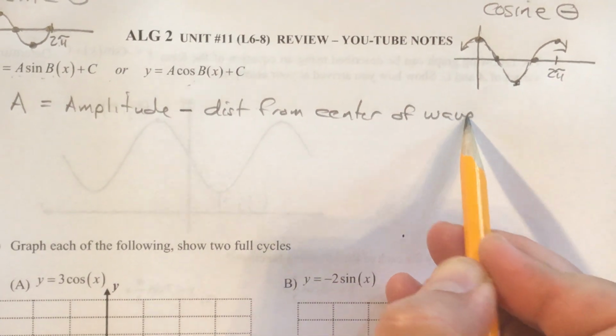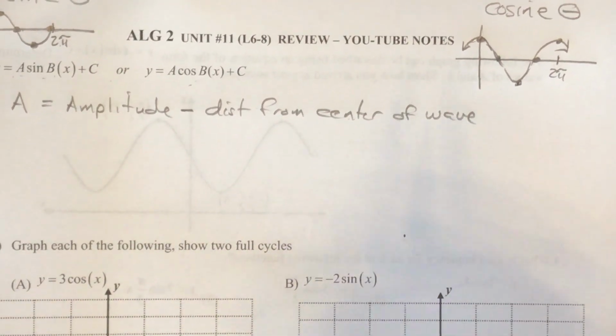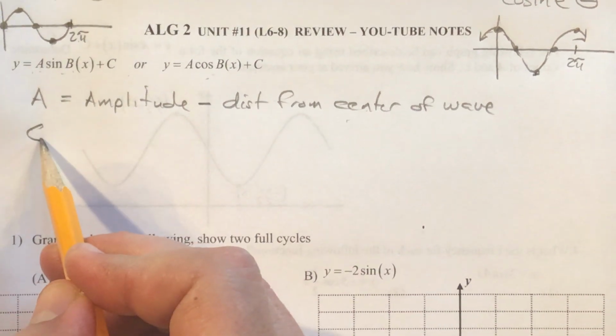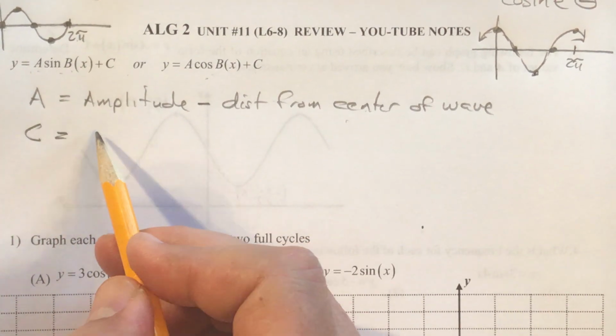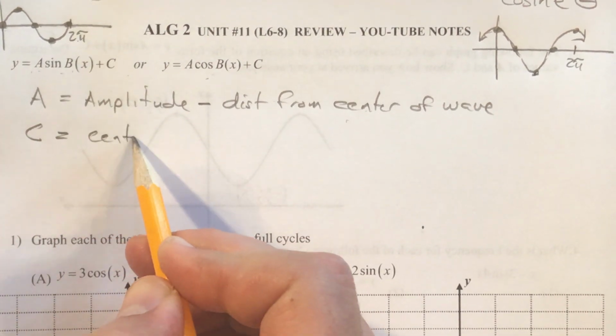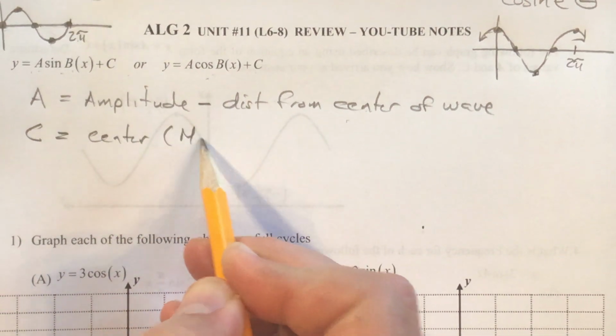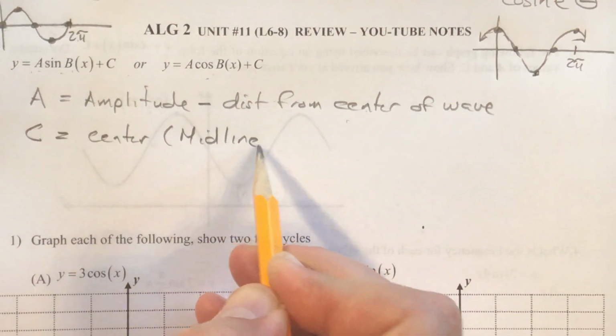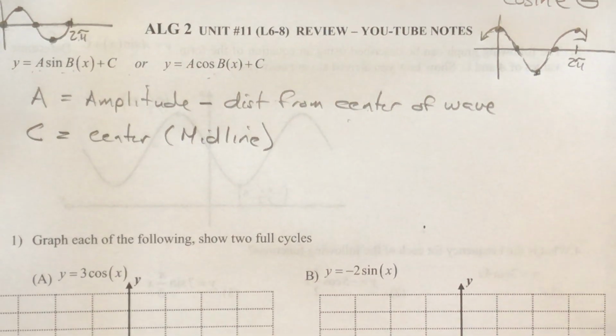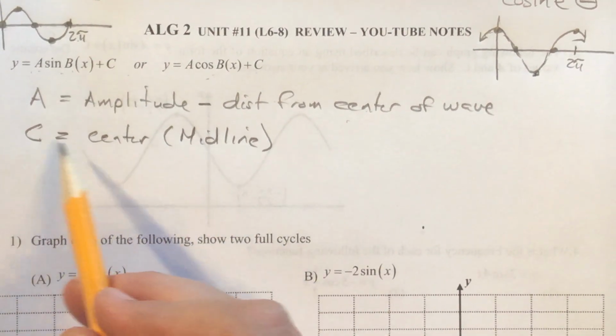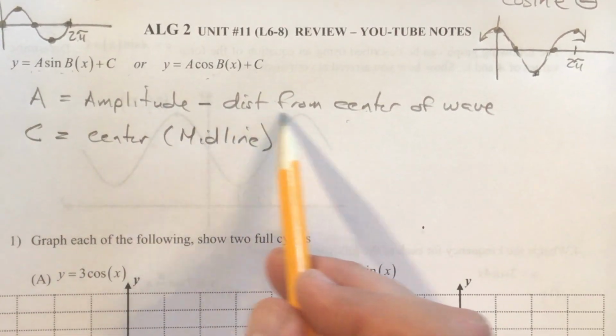Now he calls the center the midline. I call it the center because I like to use the letter C. C stands for center. I'll put midline here just so you understand. If you go back and look at his notes, the midline. All right, so C is the center and A is the distance from the center.